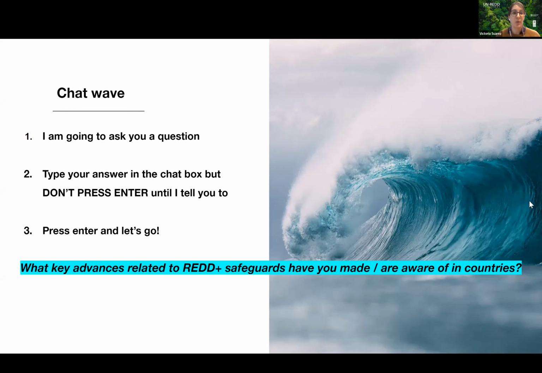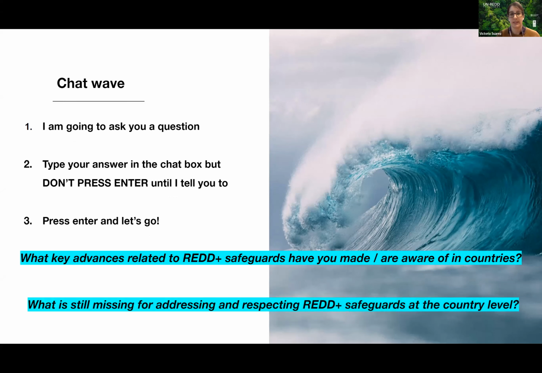And now the second question. What is still missing for addressing and respecting REDD+ safeguards at the country level? So either from your experience in a specific country or a combination of countries, or the knowledge you have on the topic, what do you think is still missing for addressing and respecting safeguards at the country level?